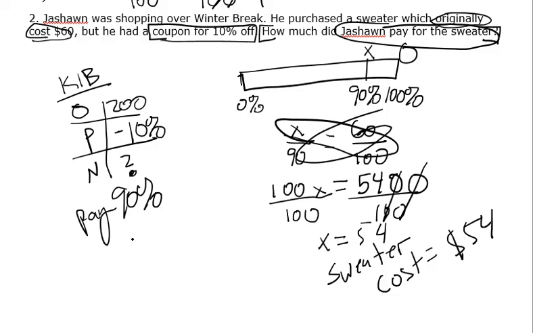I could have also said 0.9 for 90% times 60. That would have given me also $54, right?